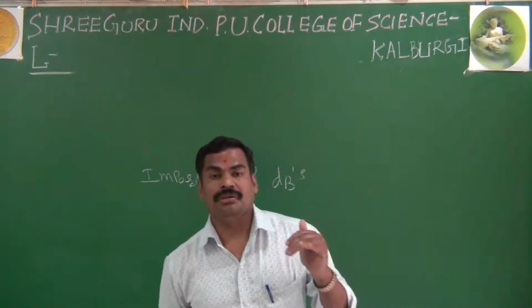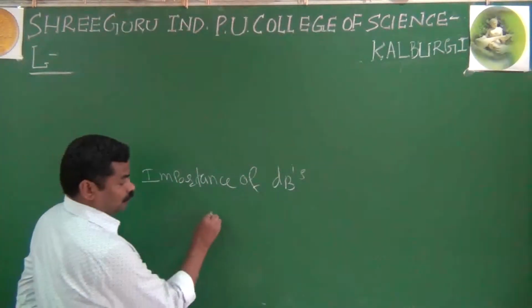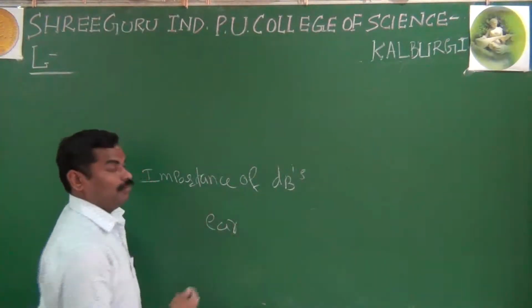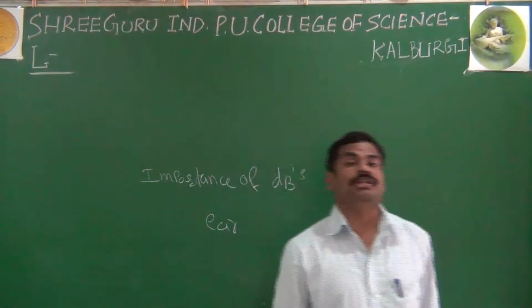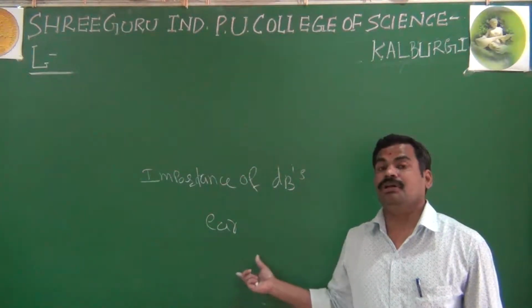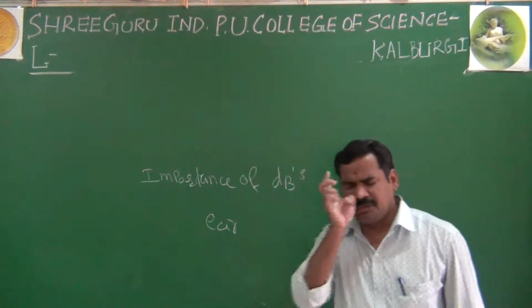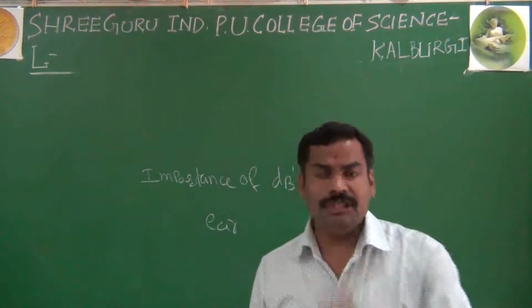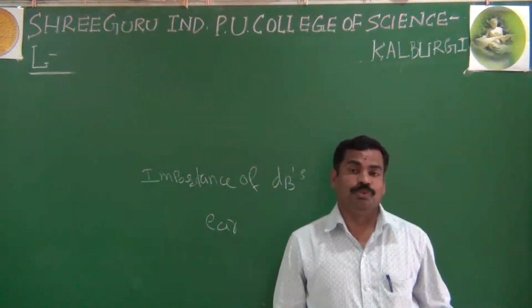In general, the ears of a human being can be measured by using the logarithmic unit. The ear responds logarithmically.